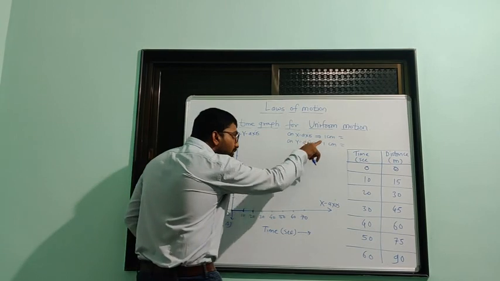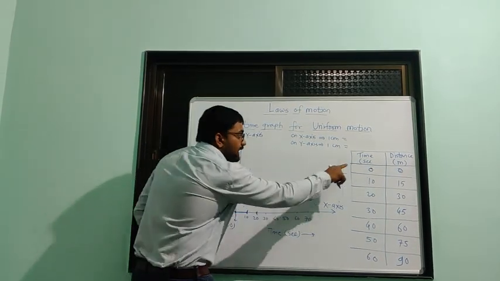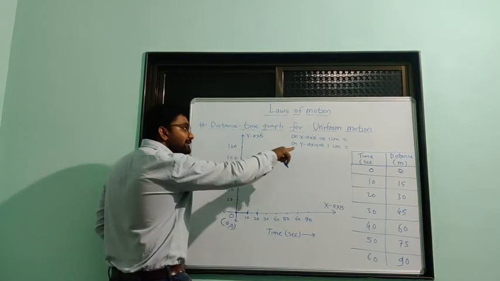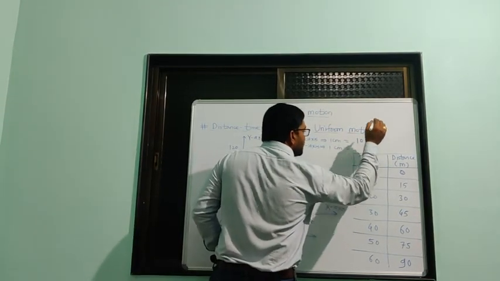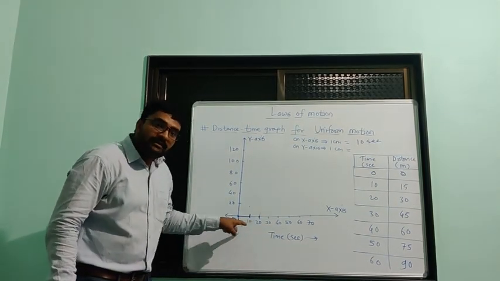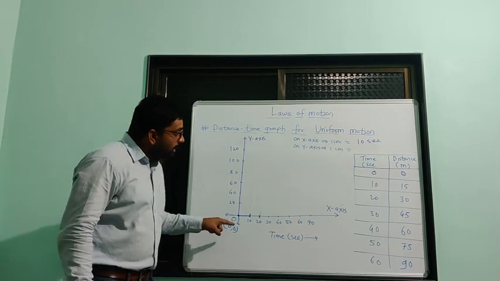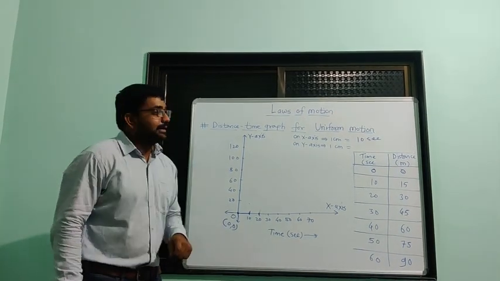For 1 centimeter our first reading is how much? 10, that is in seconds. For the x-axis, 1 centimeter is equal to 10 seconds. This line represents, on the x-axis, 1 centimeter is equal to 10 seconds.